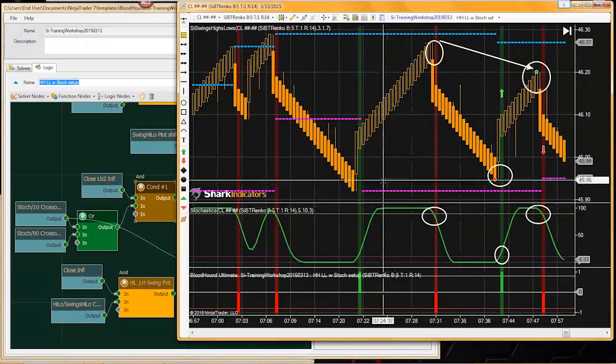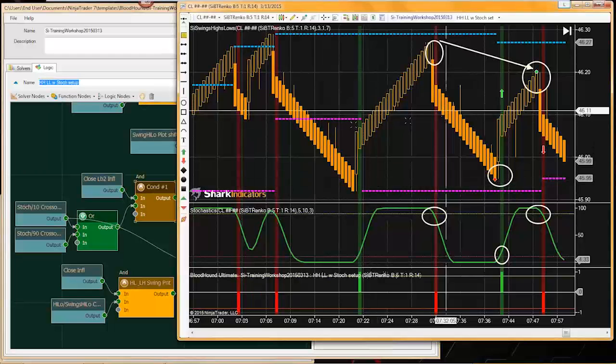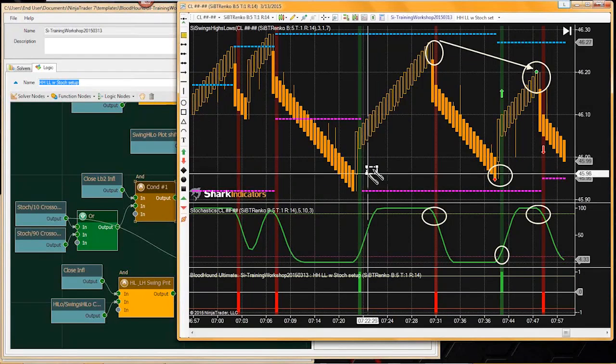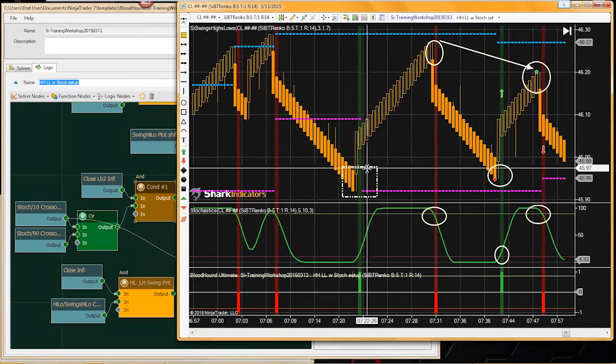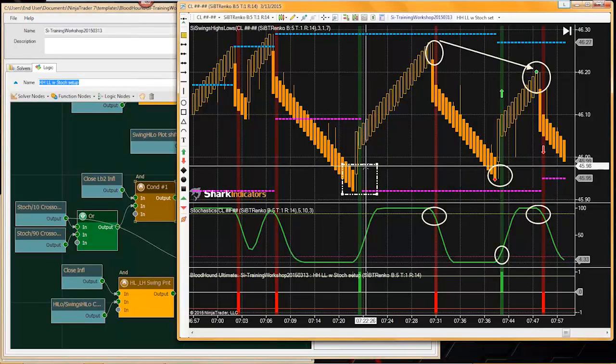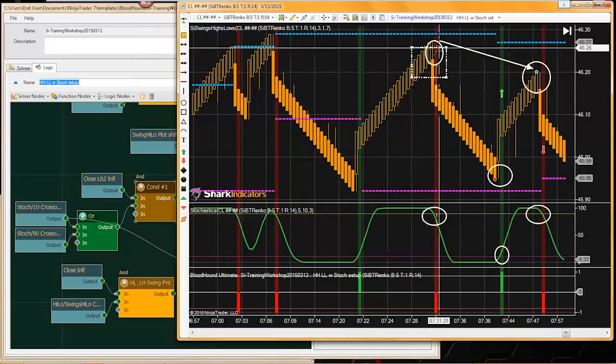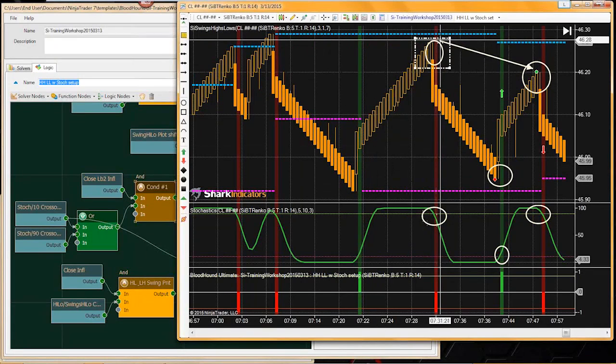All right, so this would be condition 1 for a long trade setup, and this would be condition 1 for a short trade setup.